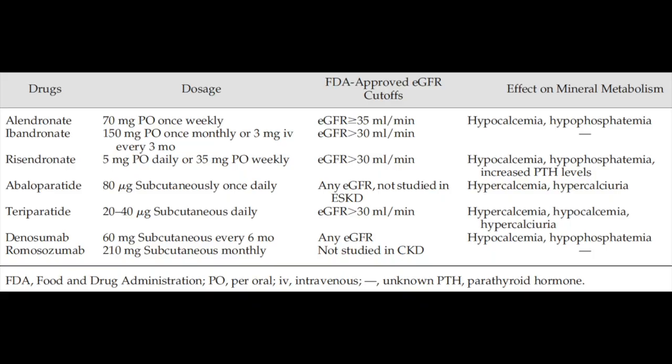And as you know, bisphosphonates are not recommended for patients with an estimated GFR of less than 30 ml per minute because of concern that they accumulate in the skeleton and also result in oversuppression of bone remodeling. Denosumab, or Prolia, on the other hand, is not cleared by the kidneys.